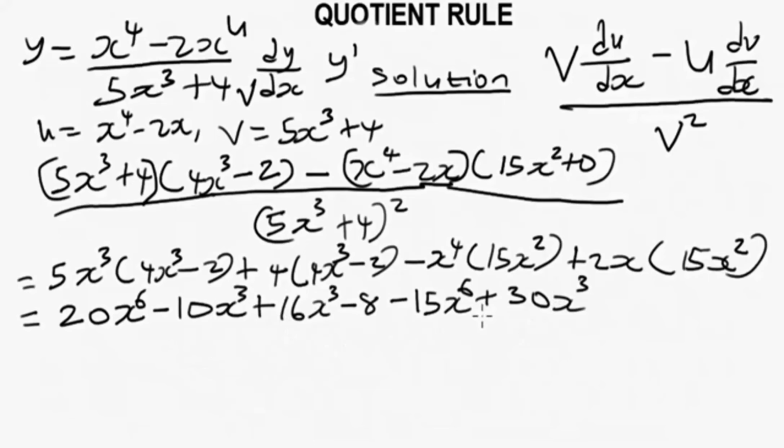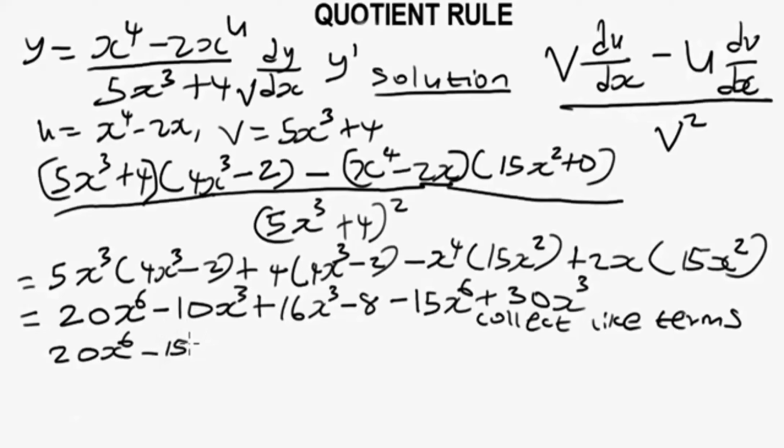Alright, so let's collect like terms. When you collect like terms, you have 20x^6. Which other term has power 6? We have 15, so minus 15x^6.